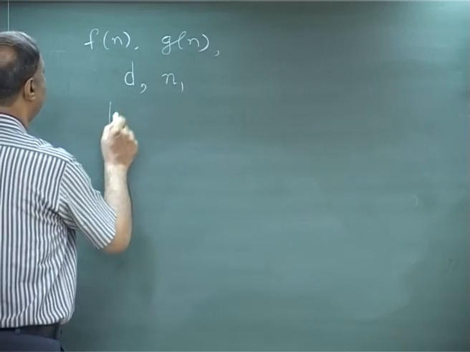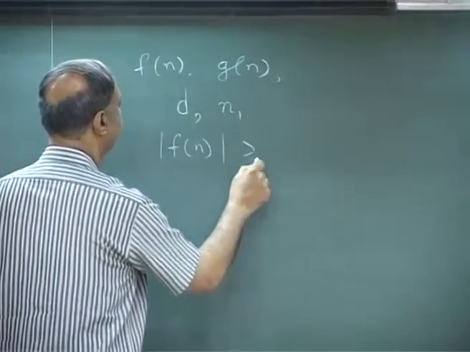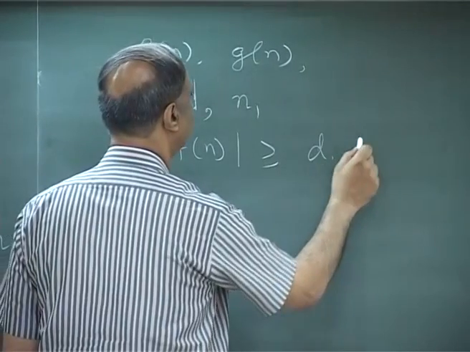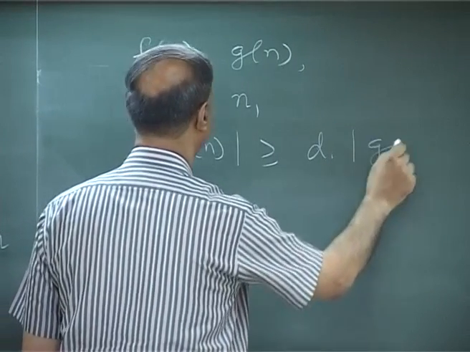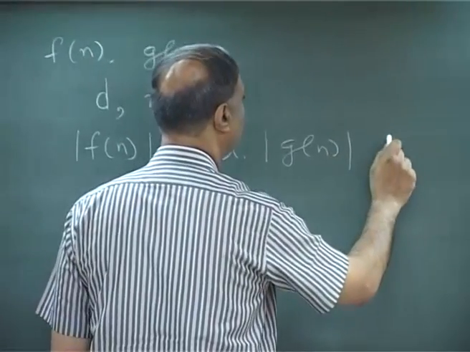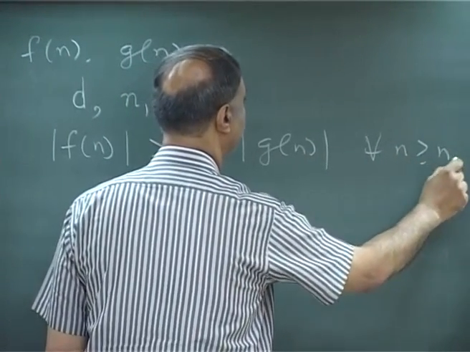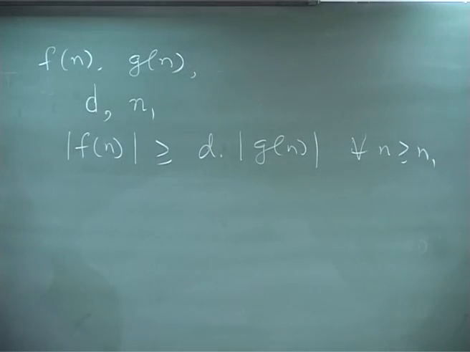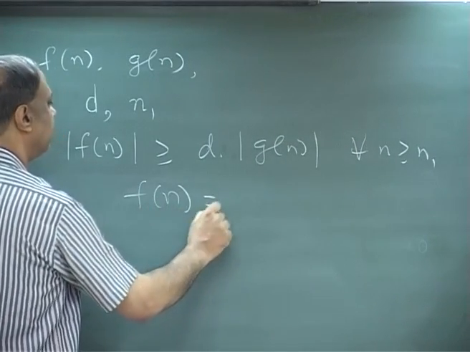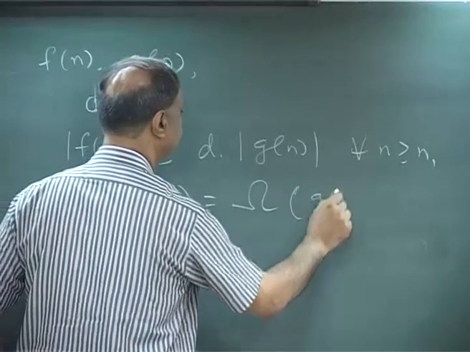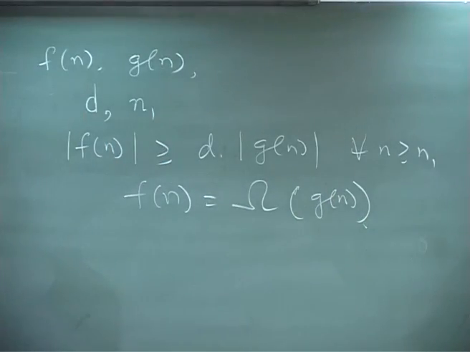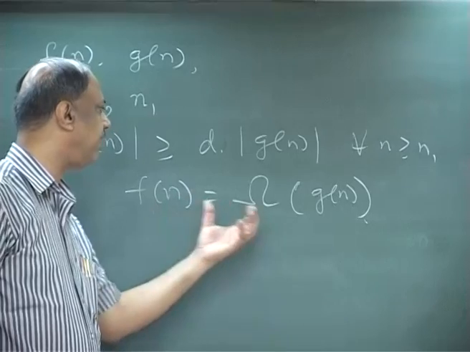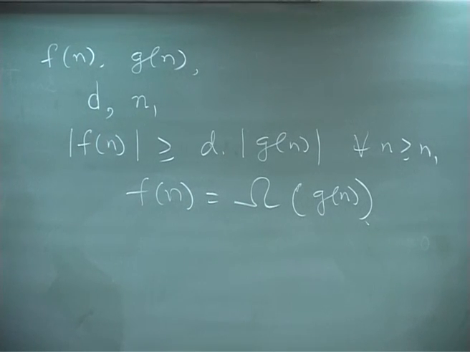Here f(n) is greater than or equal to c times g(n) for all n greater than or equal to n1. In that case, we tell f(n) is omega of g(n). That means that it has achieved the lower bound within a constant factor.